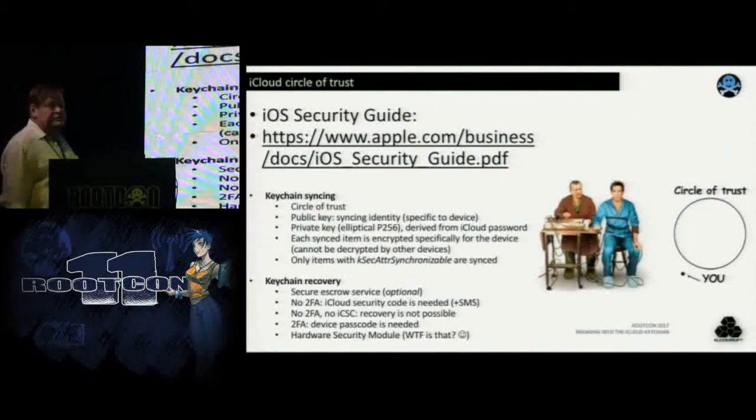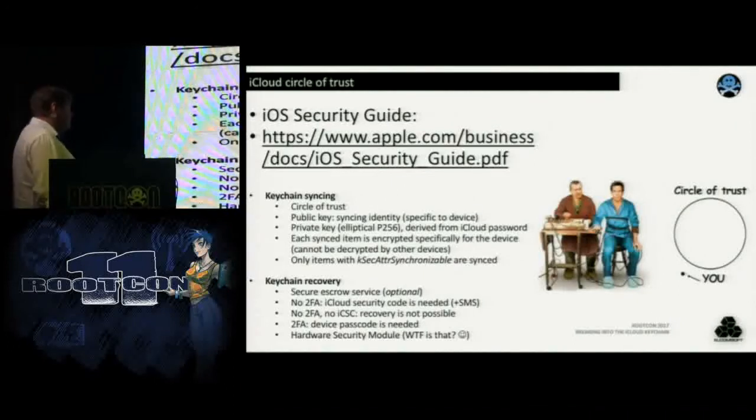Some description of how iCloud Keychain works is also available in the iOS security guide, describing both the methods of accessing it, well, not actually accessing it, but just in general how it works. Both the keychain syncing and what kind of encryption is being used there, and about the keychain recovery.